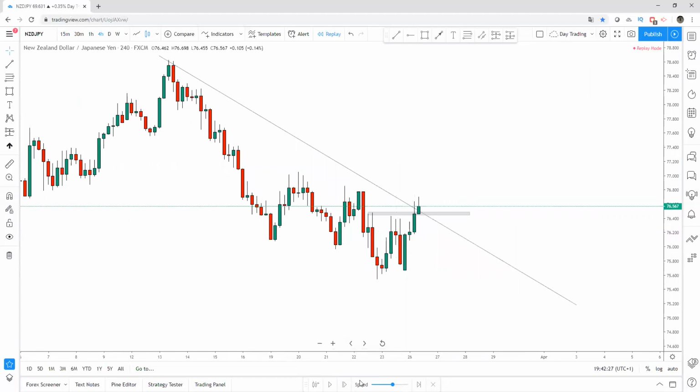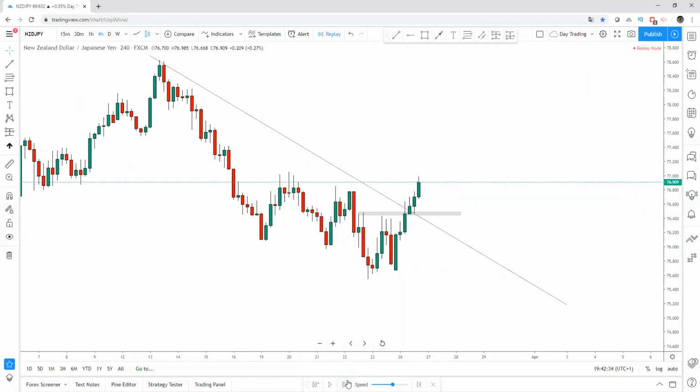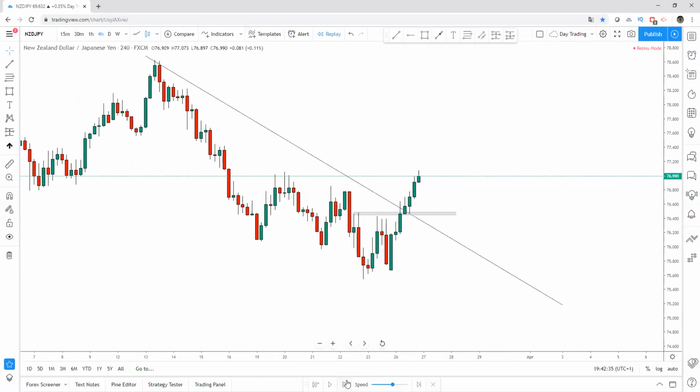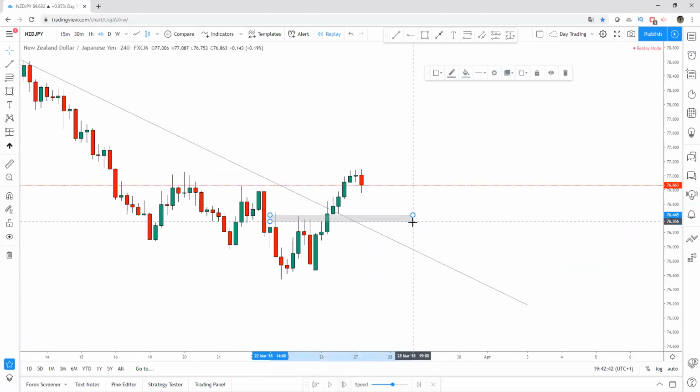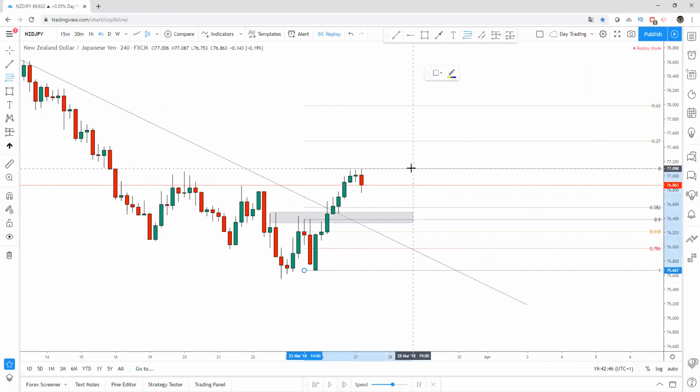Continuing the process. So we're having a kind of a break of structure and continuation up. So currently we are shifting into a buy market. We are waiting for price to pull back a little bit in and around this wick area here. We will plot our Fibonacci around 50% of this market.